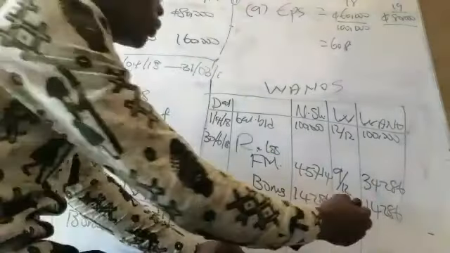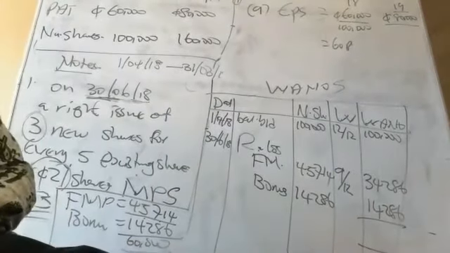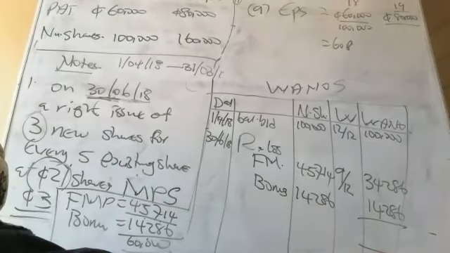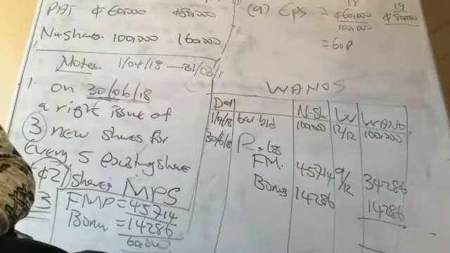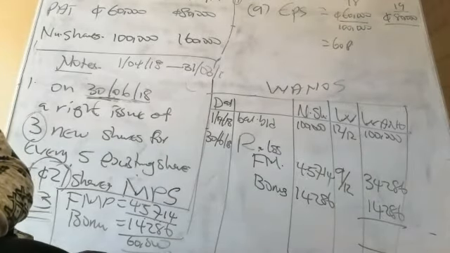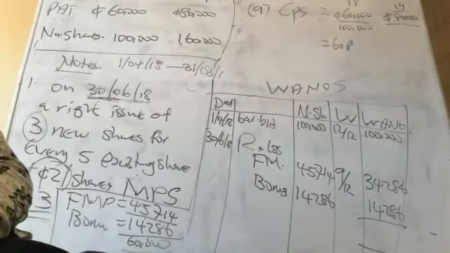And what's the total weighted average number of shares? The total weighted average number of shares will be 100,000 plus 34,286 plus 14,286. Everything 286.